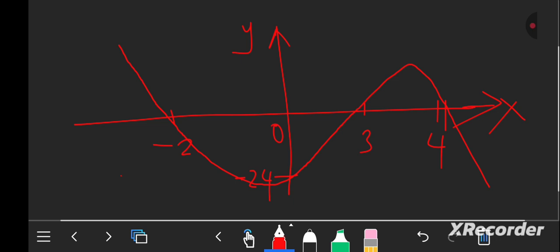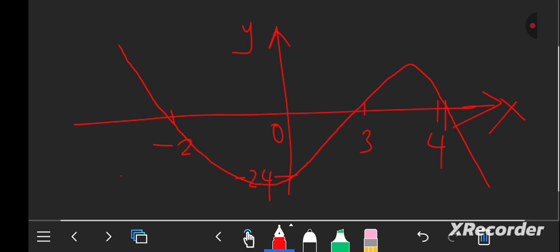The next thing we need to explore here is to find the turning point. Once we find the turning point, then we are done with this question, because at this point, if the question carries 5 marks, you won't be given the 4 marks, you'll just be given maybe 3 marks, because what you've done is just the finding of the points where the graph crosses the x-axis and the y-axis.